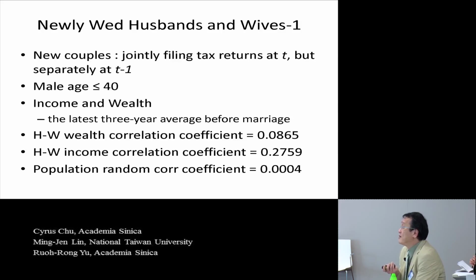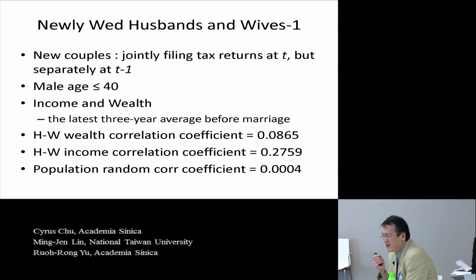We did some very preliminary calculations: the husband-wife wealth correlation is 0.08. Income correlation is higher, 0.27. Random matching is almost zero. This is a kind of evidence of assortative mating, but we are not sure whether the sorting is on the husband's and wife's wealth, or on the husband's father's and wife's father's wealth.